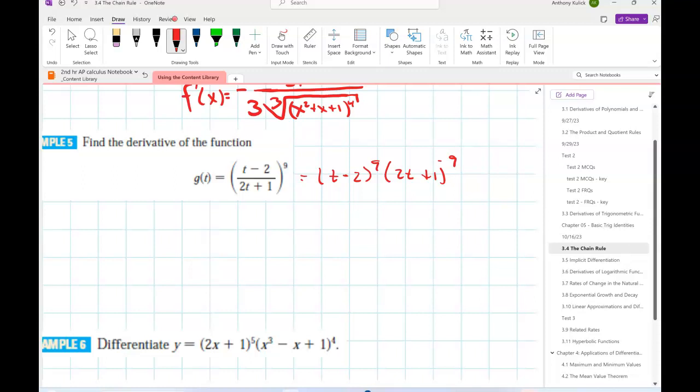I would not, because I remember the quotient rule. But if you're on the test and you're like, oh no, is it f times g prime minus g times f prime, or is it g times f prime, if you're sitting there doubting yourself which one is which, you could do it that way and it would be fine. You'll get the same answer. There'd be more simplification, but that's okay.